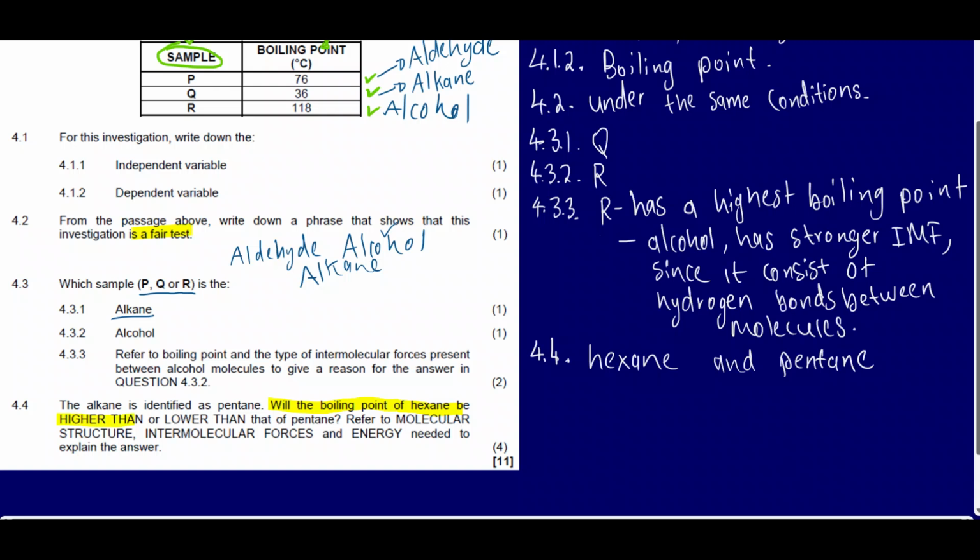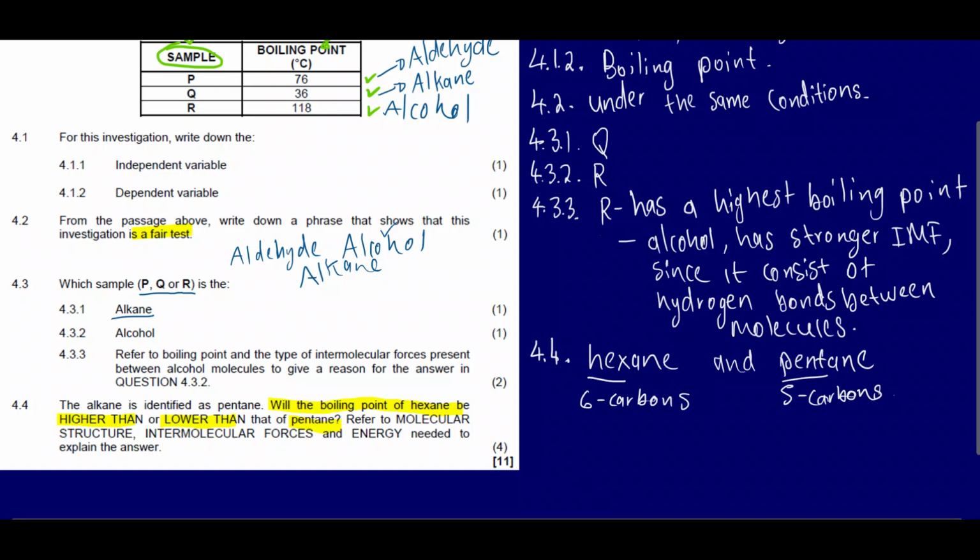Will the boiling point of hexane be higher or lower than that of pentane? Remember, hexane consists of 6 carbons on the longest chain, and this one consists of 5 carbons, right?